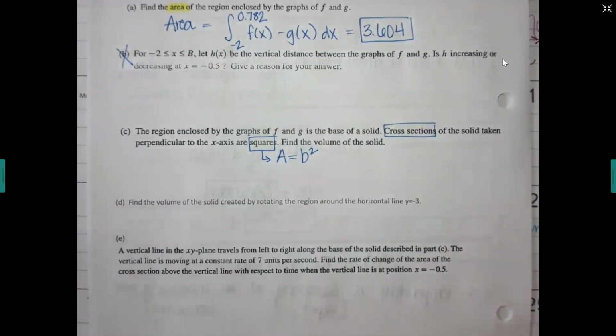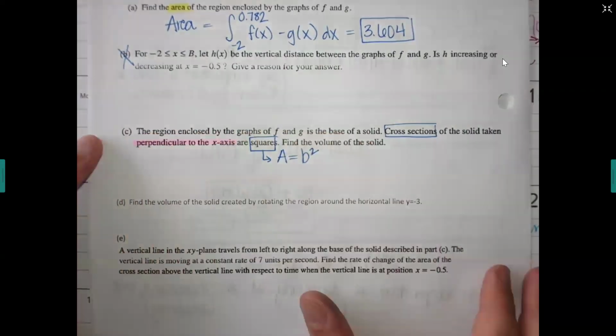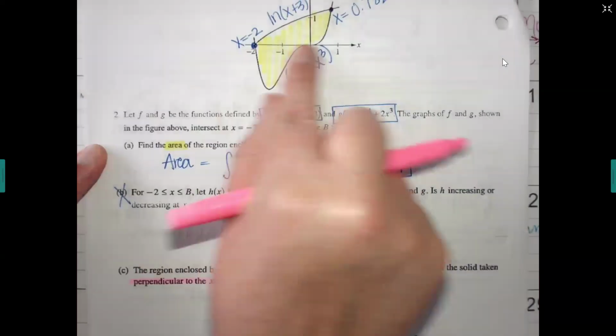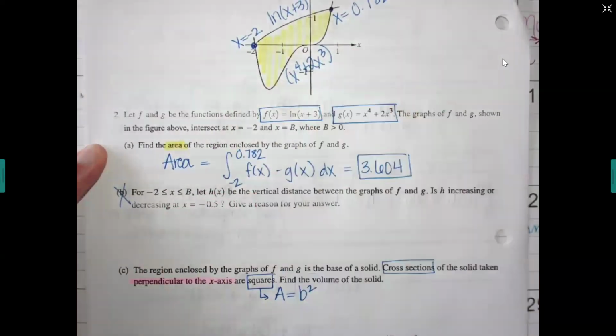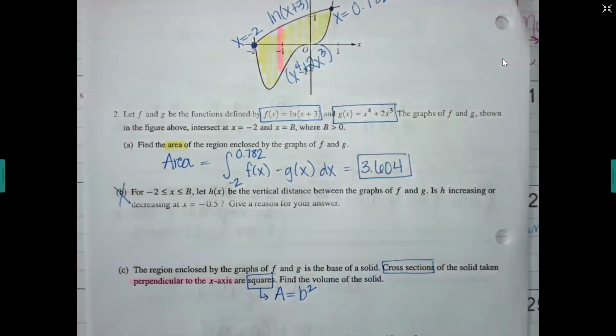Because it says perpendicular to the x-axis, if you remember, the x-axis runs this way, then perpendicular to that is this way. So that's how I know that my base runs top minus bottom instead of side to side. So perpendicular to the x-axis means my base is top minus bottom, which is f minus g.